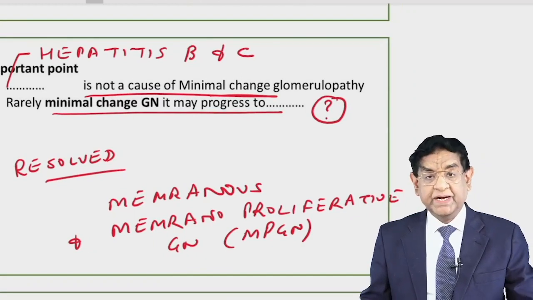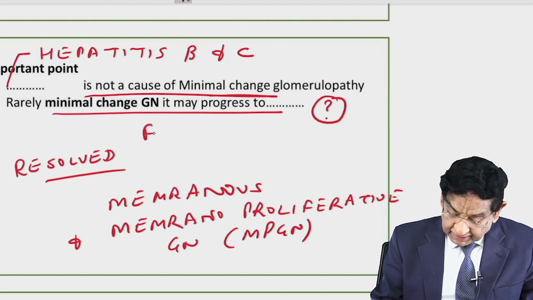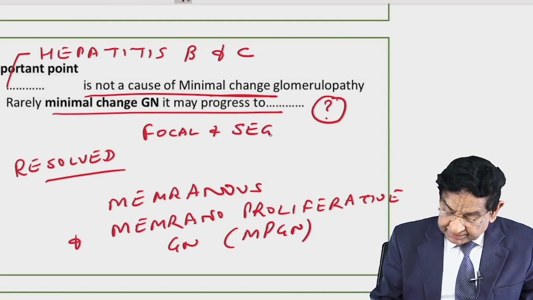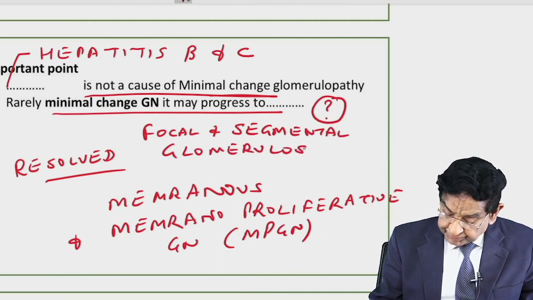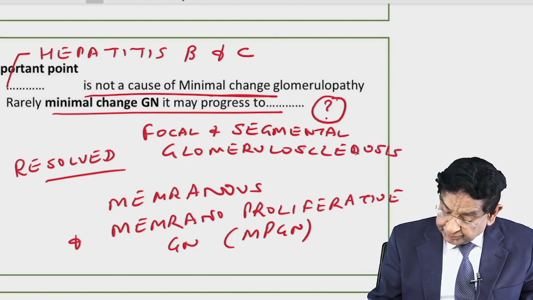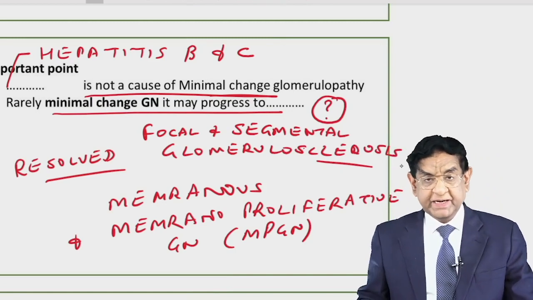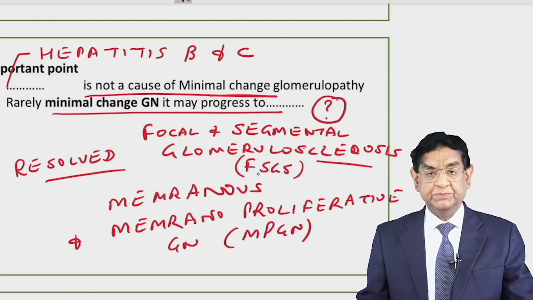Well, I'm sure by now you have written the answer. The answer is it can progress to focal and segmental glomerulosclerosis. I have recorded a separate lecture on FSGS, so you can see that lecture also.